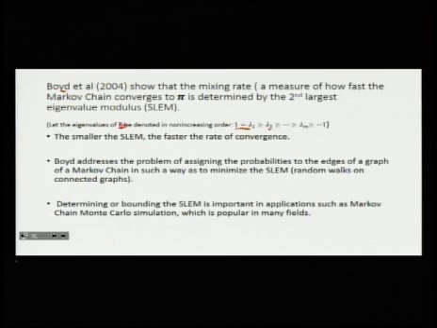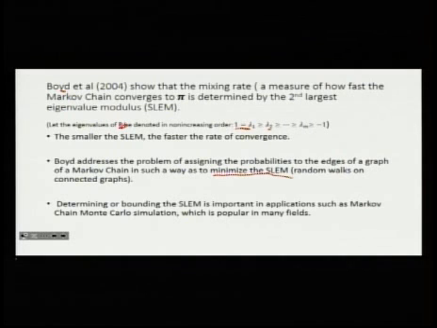And so Boyd and other researchers wanted to know, given a stationary distribution and a graph, how can we assign the probabilities to the edges of the graph so that the chain converges in the fastest way possible? It turns out you can do that by minimizing this SLEM.